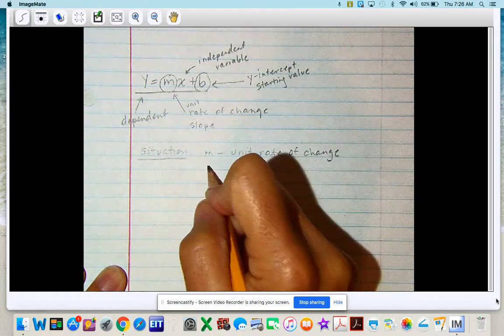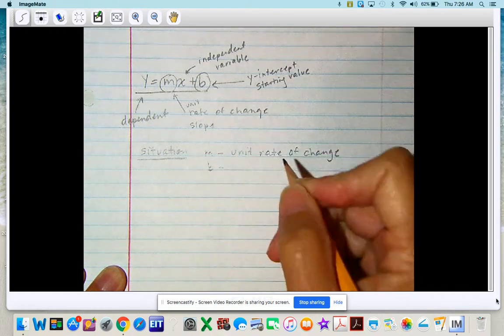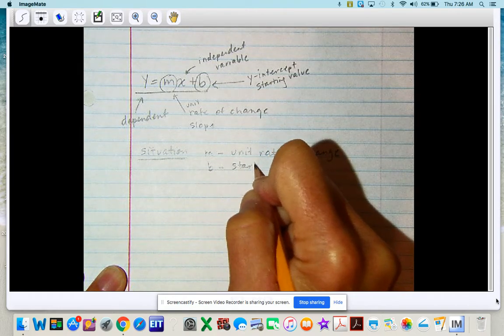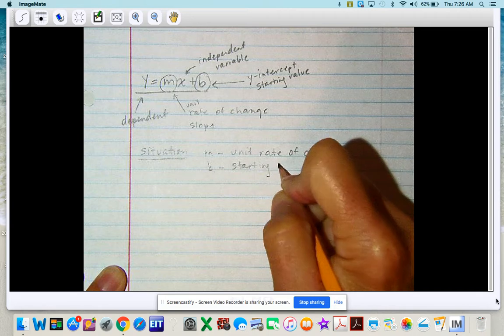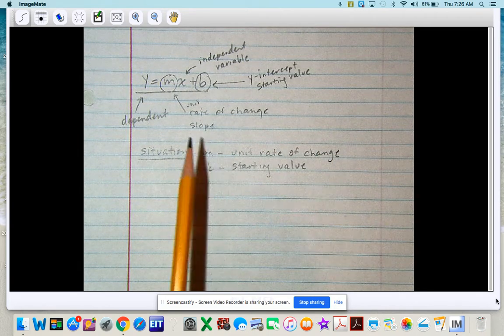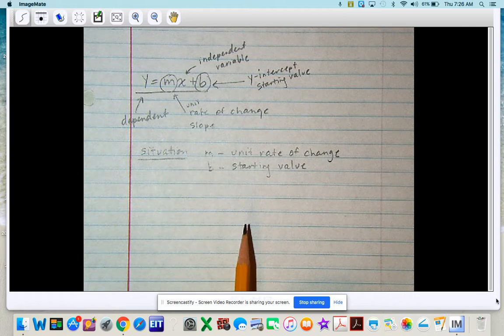In some kind of story, our b value would be the amount we started with, the amount we have when our independent variable is 0. So in the tile problems, the b value was the number of tiles in figure 0.